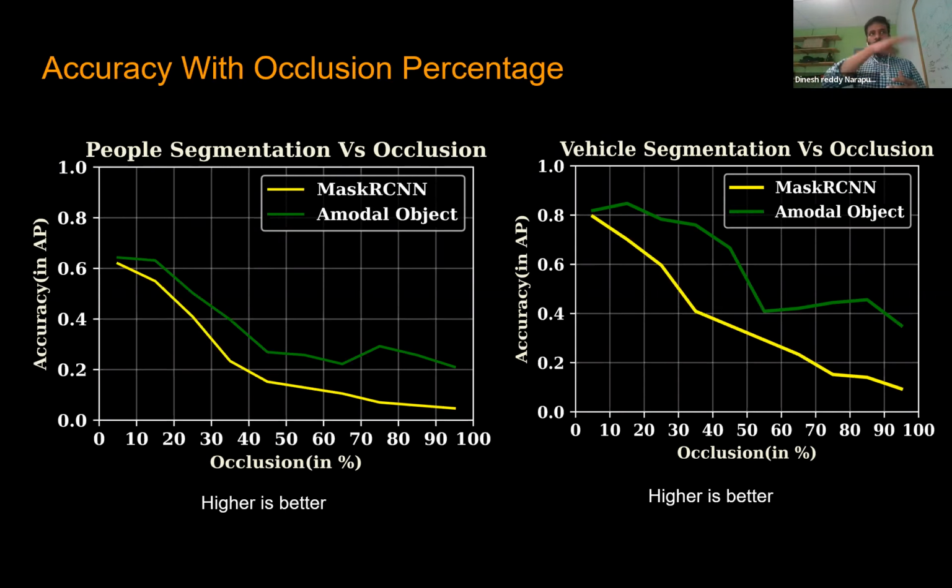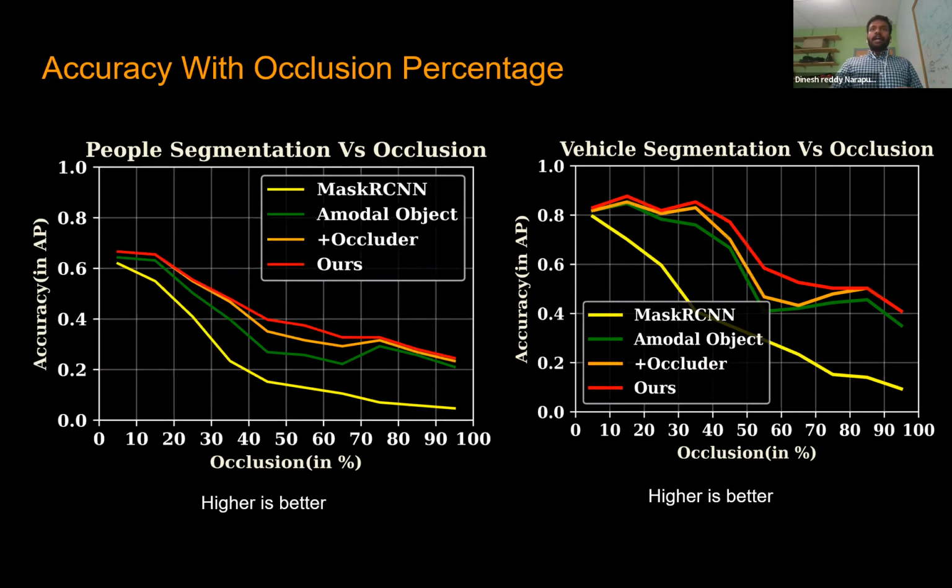We are able to have much more robust accuracies. And by adding the occluder layer in ours, we are able to do much better accuracy with different occlusion percentages. I think this is a very important takeaway, because as you see, people have to start thinking about occlusions as a very important criterion in all their algorithms, because this is very generic.